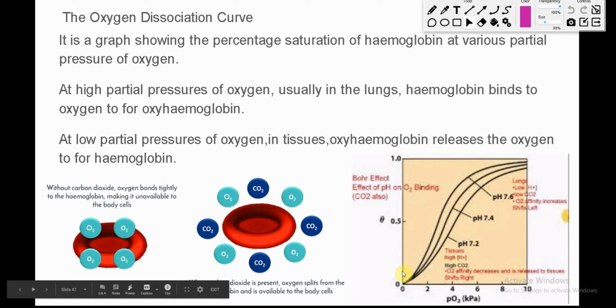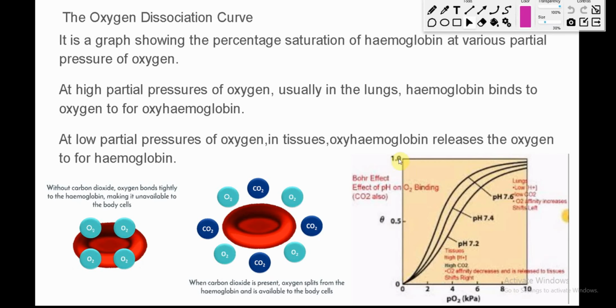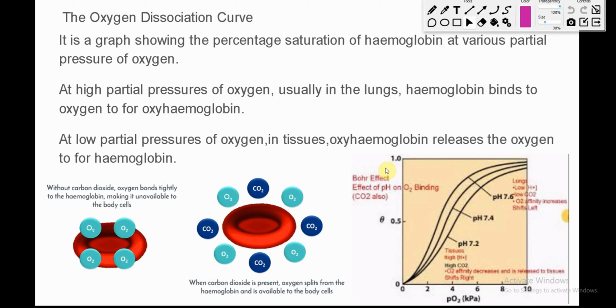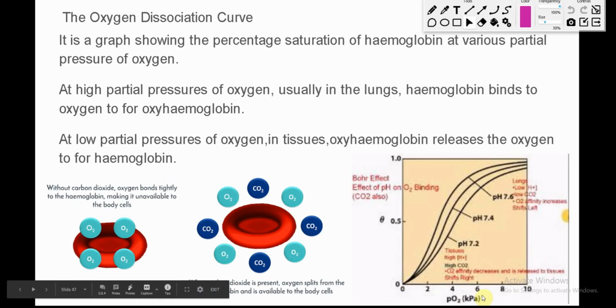Higher up means the hemoglobin is fully saturated with oxygen. So this axis represents the percentage saturation of hemoglobin with oxygen, and this axis represents the partial pressure of oxygen.